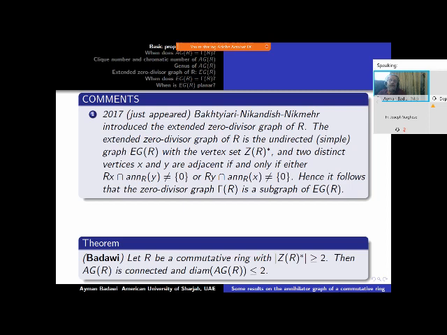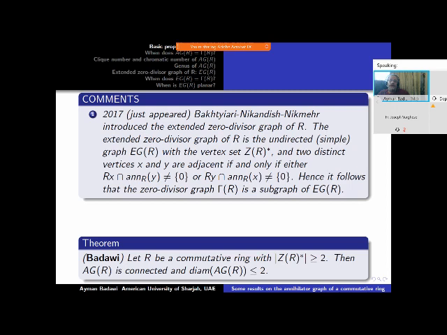So again, the zero divisor graph will be a subgraph of the extended zero divisor graph. To follow my talk, look at the notation: this one here is the extended, and this notation here is the annihilatory graph. Okay?